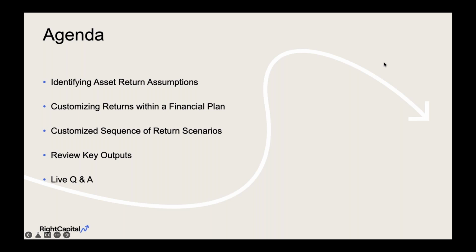That's a key part of understanding the building blocks of the financial plan, and that's where the conversation begins today. We're then going to look at the different settings that you can leverage to customize the different outcomes of the markets and also what investment strategies clients are actually using within the financial plan. That's going to be the second component.